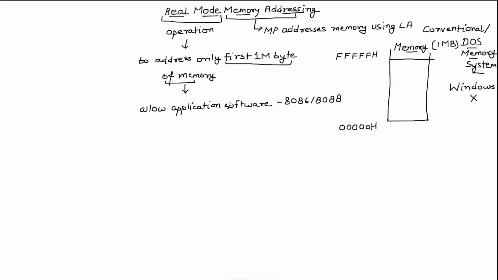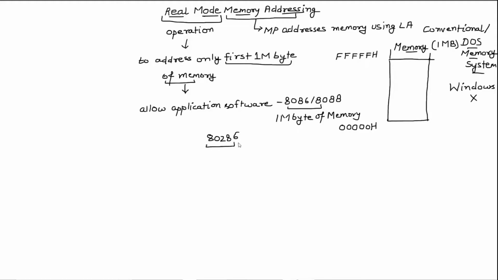So if there is an application software which is written for these two types of microprocessors, and this type of microprocessor contains only 1 megabyte of memory, and since they have only 1 megabyte of memory, they will not function in the 80286 microprocessor.